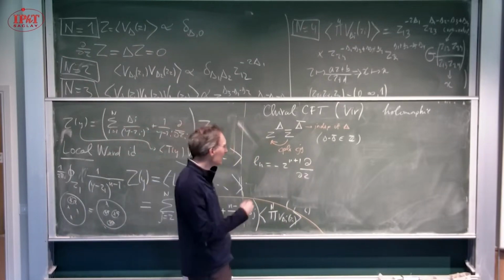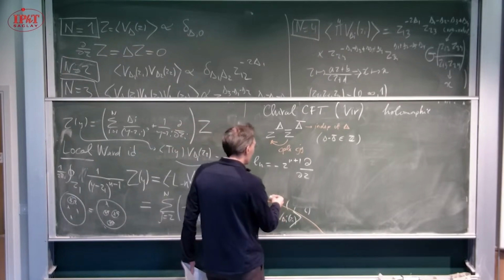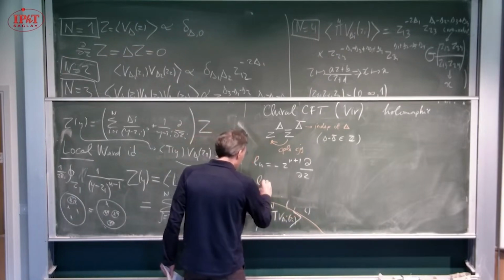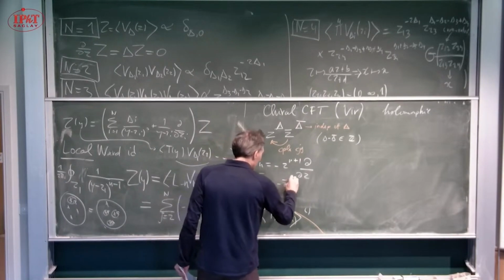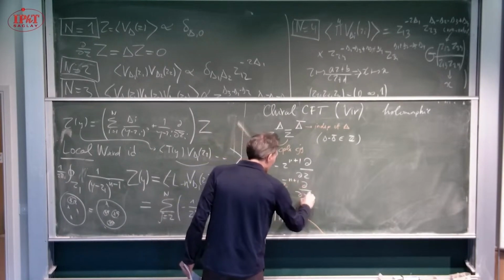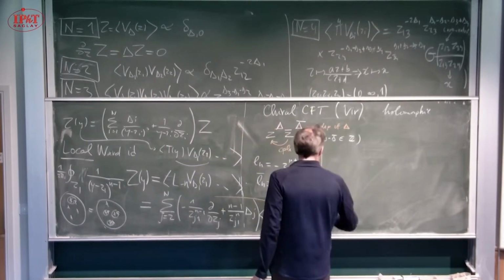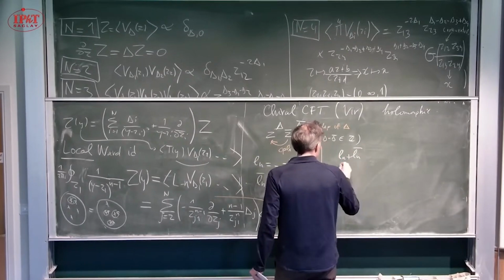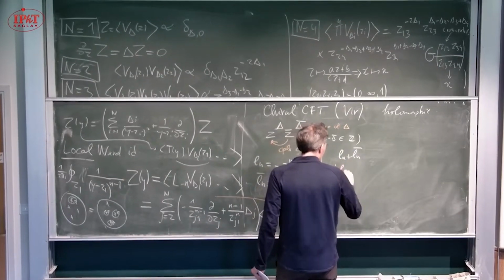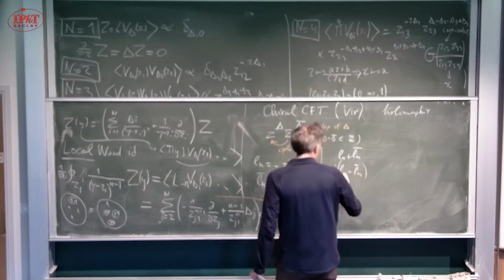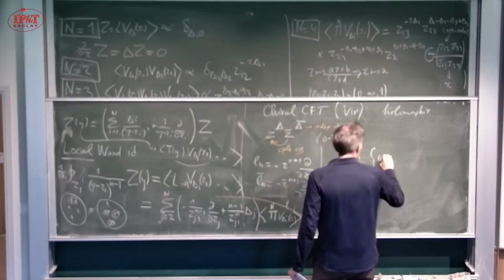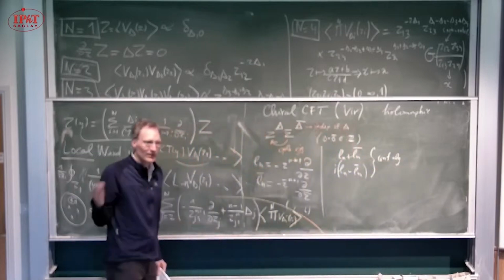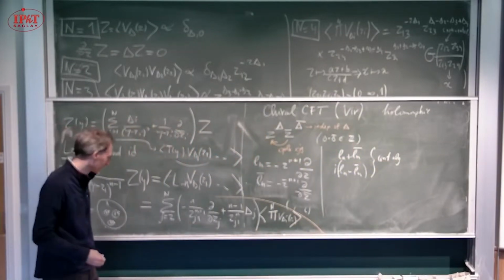If I act on a general function, the correct generators of conformal transformations also involve L_n bar, which is just minus z bar to the n plus 1 d by dz bar. So to be precise, the generators are L_n plus L_n bar and i(L_n minus L_n bar). So this is really the conformal algebra, acting on general functions on the sphere.